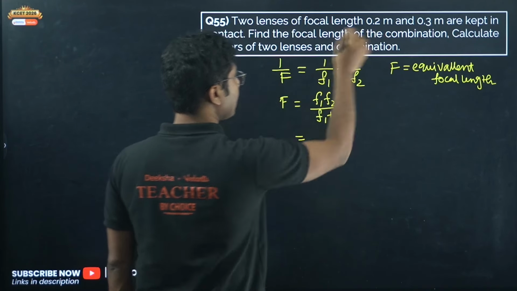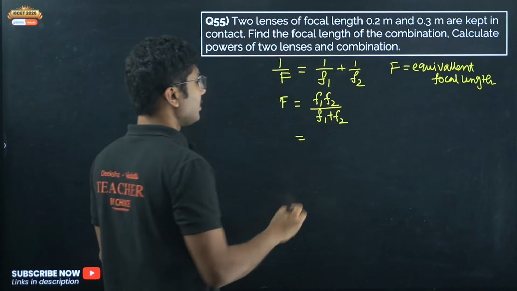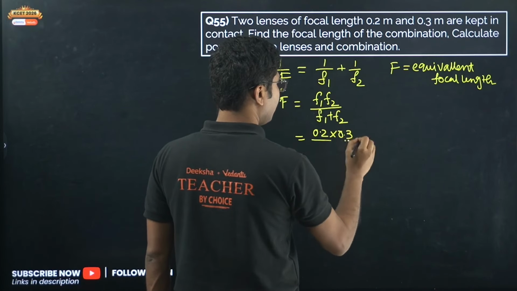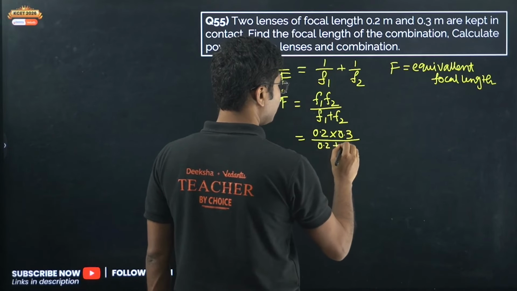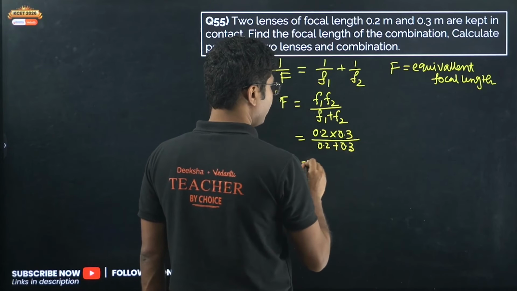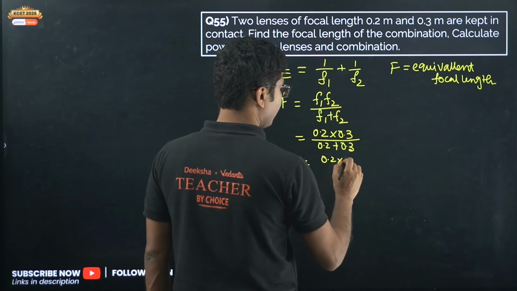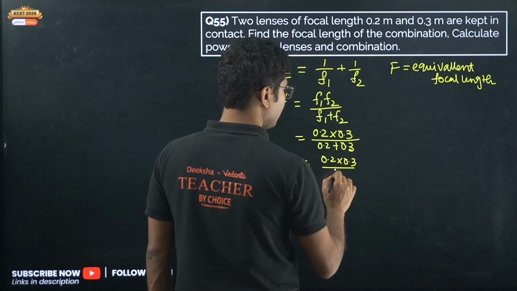Now two focal lengths are given, 0.2 meter and 0.3 meter. So let's put that in: 0.2 into 0.3 divided by 0.2 plus 0.3, so it will be 0.2 into 0.3 divided by 0.5.